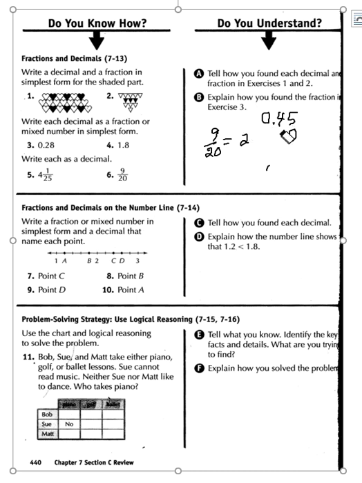Okay, let's make some room. And now let's look at problem number 8. Okay, write a fraction or mixed number in simplest form and a decimal that names each point.